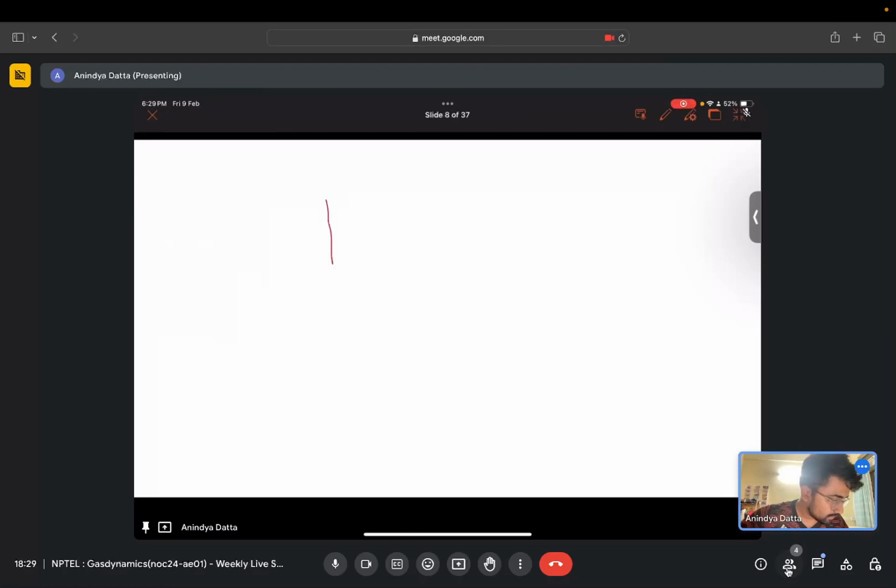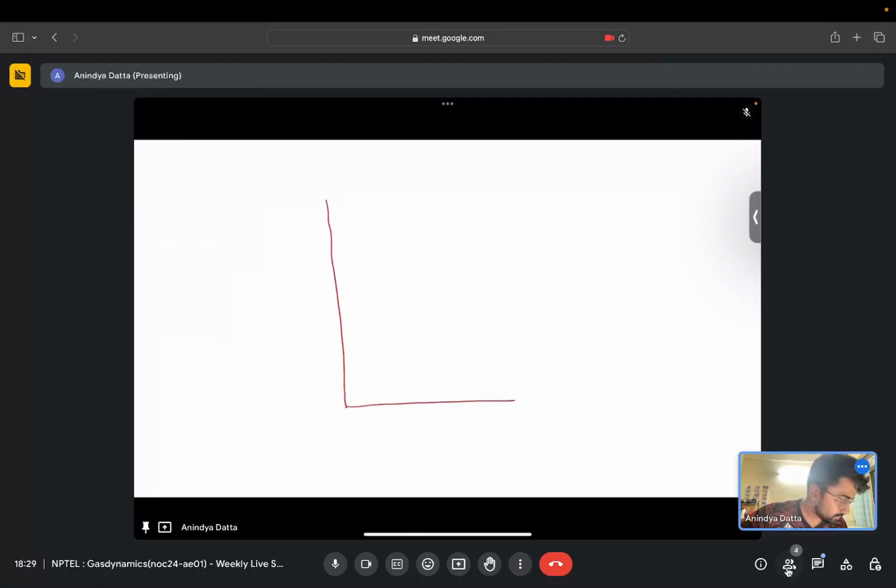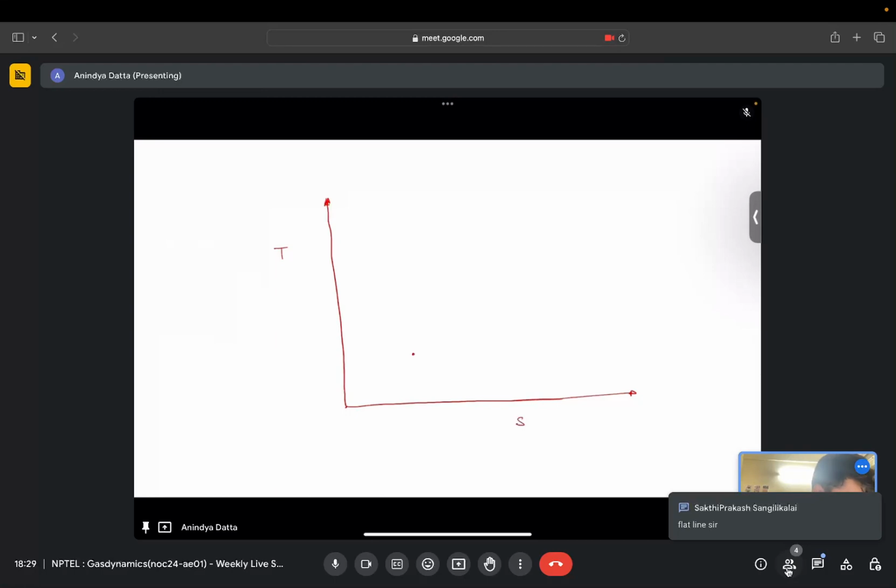Okay, so to draw a TS diagram, let's say this is our state point 1.